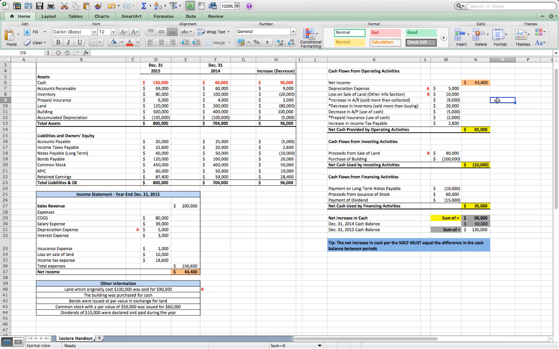If the accounts receivable was to decrease from year to year, this represents the fact that you collected more cash than what you sold on credit. Therefore, it would increase the balance because of the cash you collected.